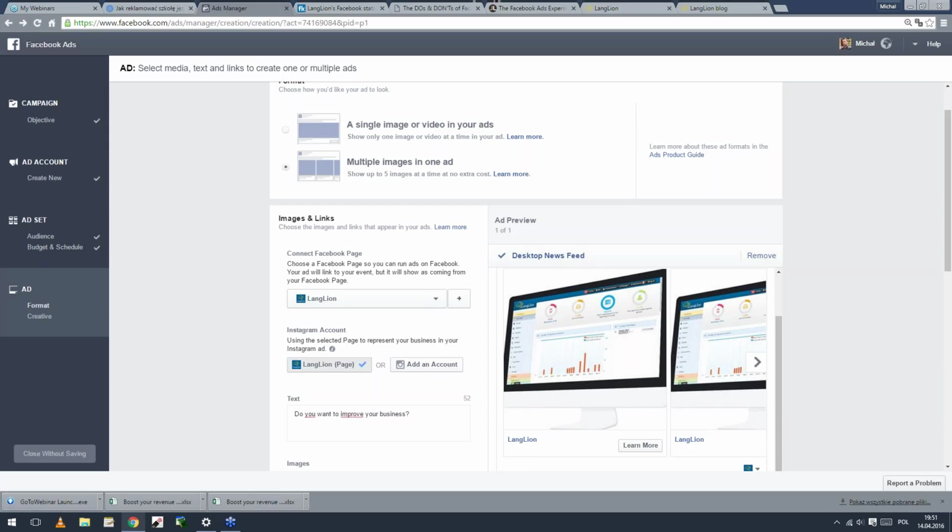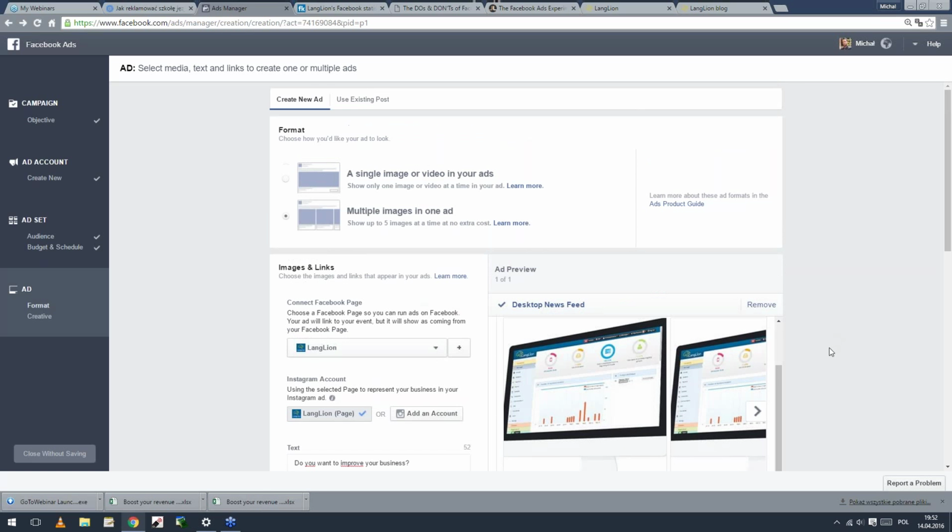So we are also sometimes suggested by Facebook what picture we should use. Of course, in your case, probably it's going to be some logo, but if it's going to be a stock photo, think about using one offered by Facebook.